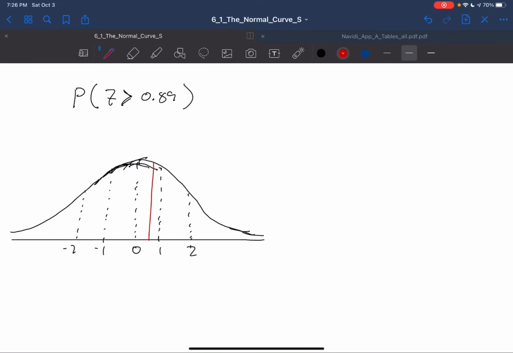So we need to find the area to the right. So this whole thing.